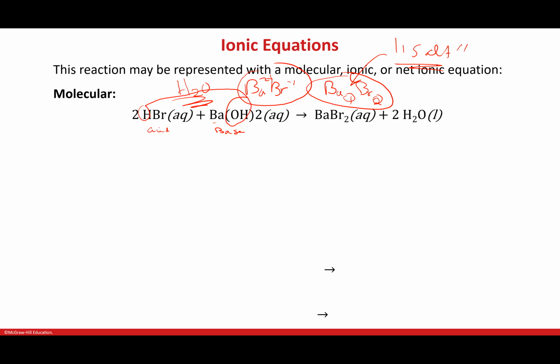Do you see why I get 2 H2Os? Because I had 2 H's from my 2 Brs, and I had 2 OH's from my Ba(OH)2, combining to make my water. So it's balanced. Any questions about that?